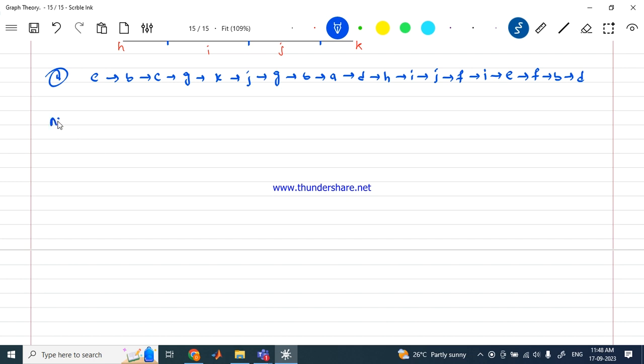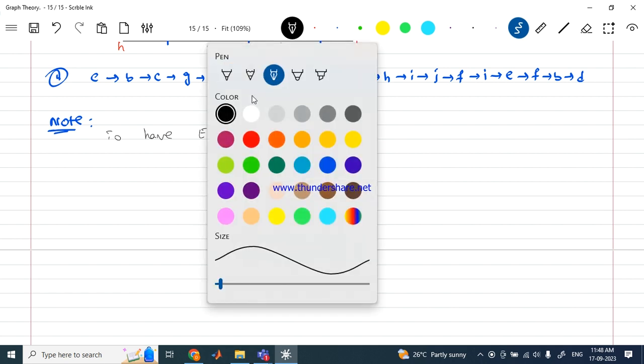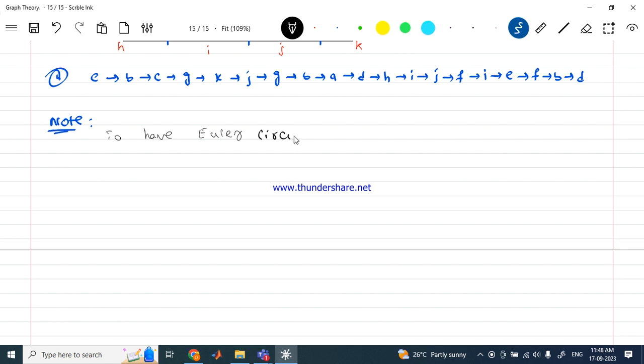But I'll give you just one note here. To have an Euler circuit in G, G should be free from vertices with odd degree.